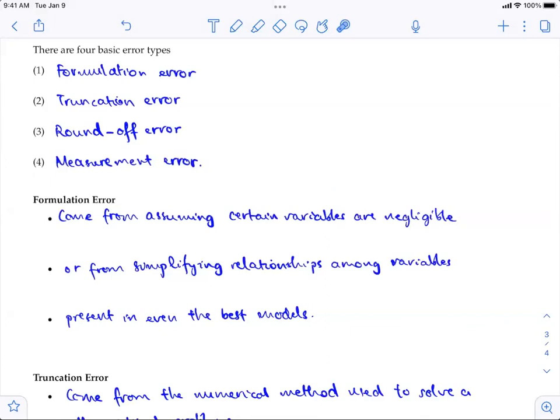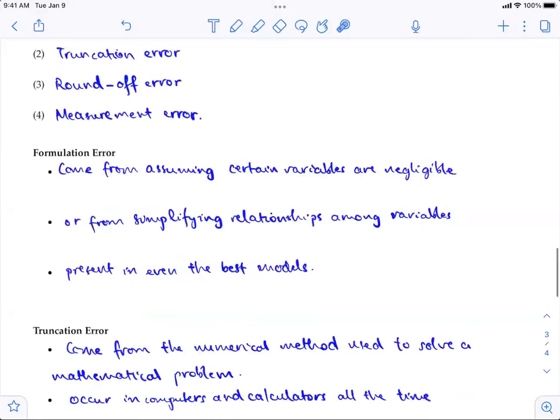And when you neglect certain variables, of course, some error will occur. That error is called the formulation error. Or sometimes you make simplifications in the relationship between the variables. Even with the best model available, there's always formulation error.